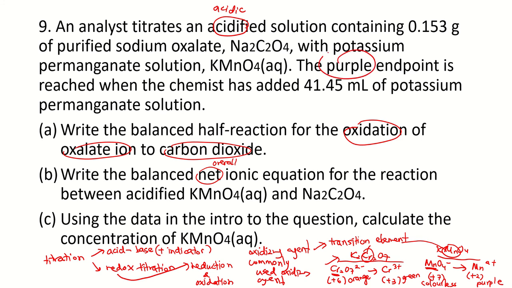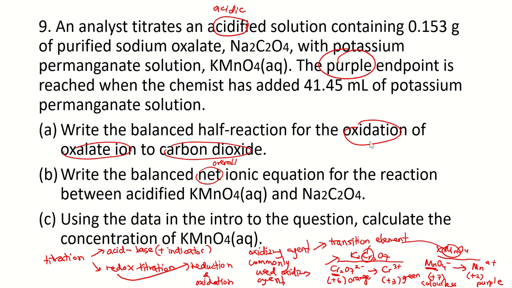Therefore, we can read here that the purple endpoint is reached, which means at that time the reaction has completed. Even though the question doesn't give you these, you must know these two commonly used oxidizing agents. So now we move on to question number 1.